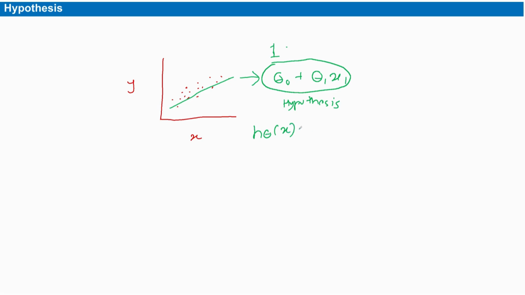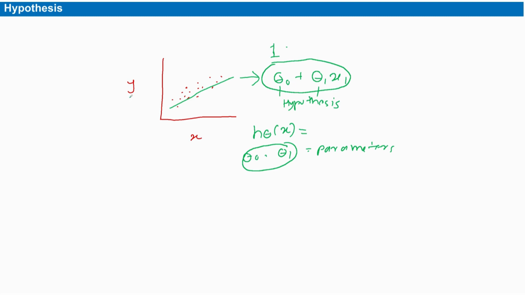Inside this hypothesis, theta 0 and theta 1 are called the parameters, and the hypothesis depends only on these parameters.